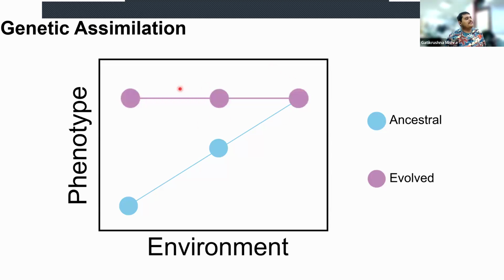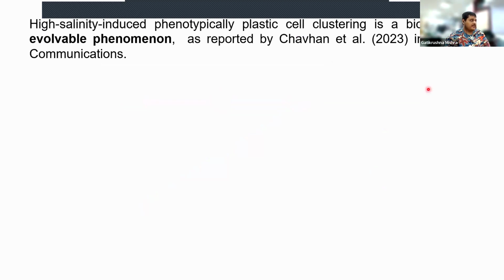So basically, it will have a zero slope. Such change in slopes of reaction norms after experimental evolution of plastic phenotypes is called genetic assimilation. Genetic assimilation is basically complete canalization of an existing trait.